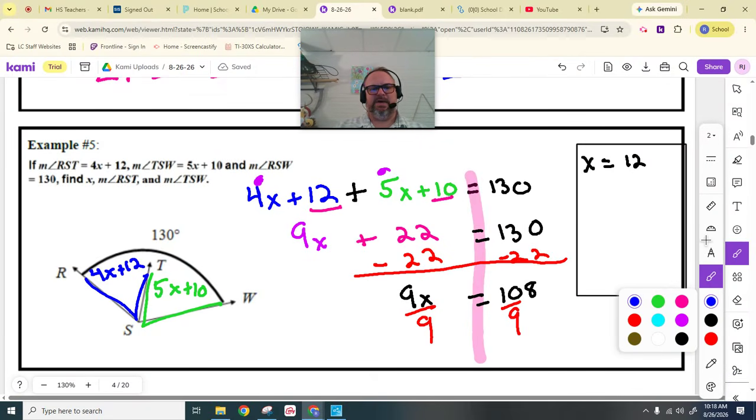Now, going back over here, measure angle RST. Well, this is 4x plus 12.